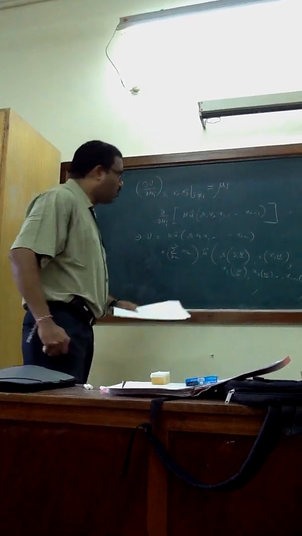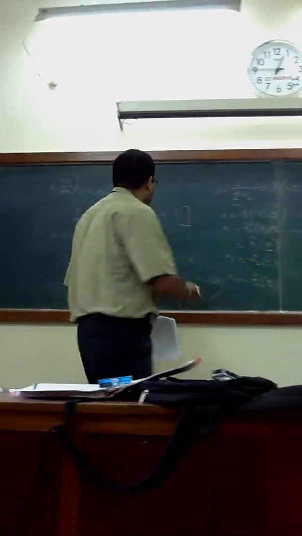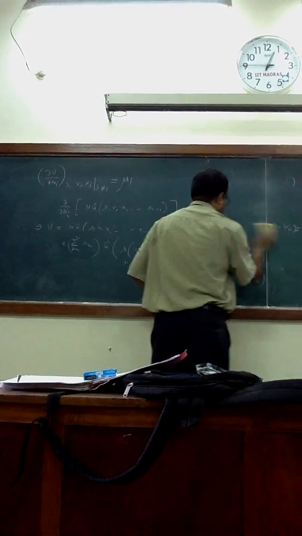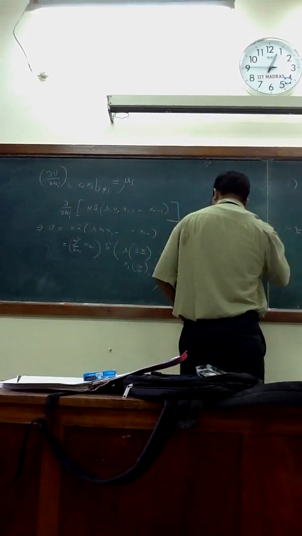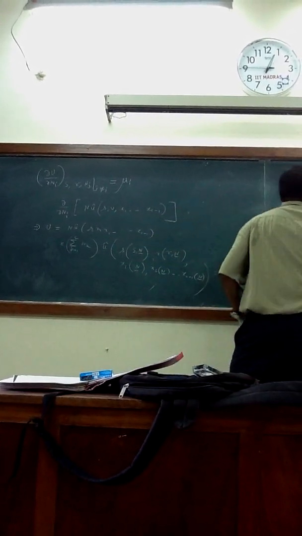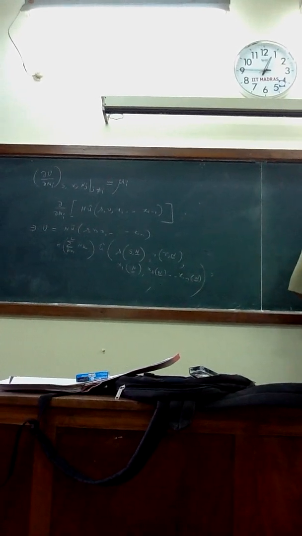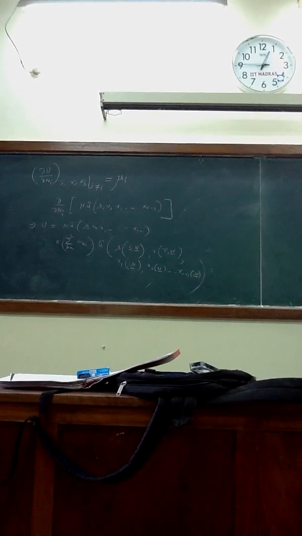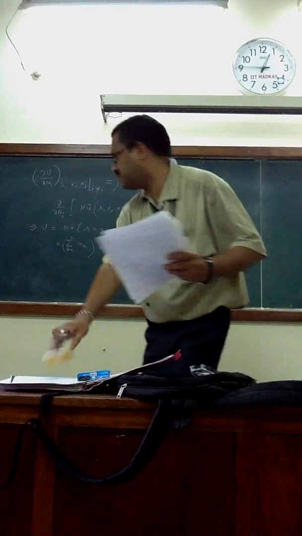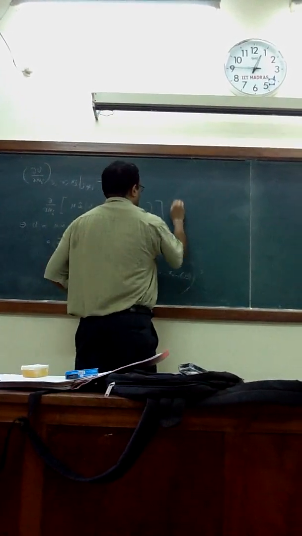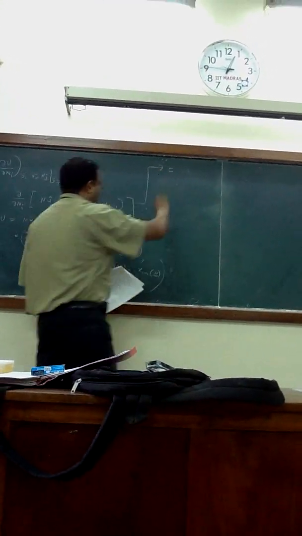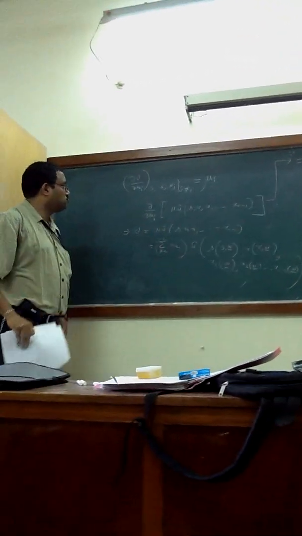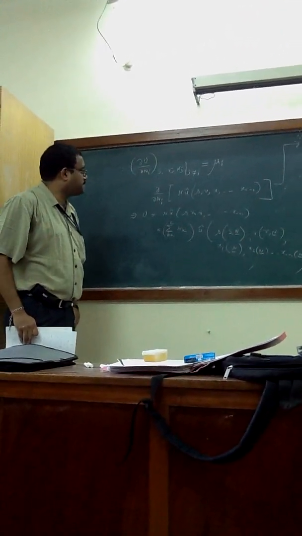Now we'll go for dou U by dou n. You have your notes handy. There are so many variables.